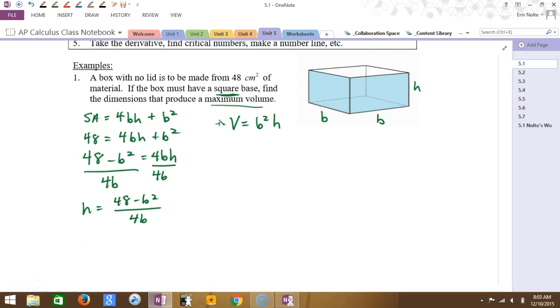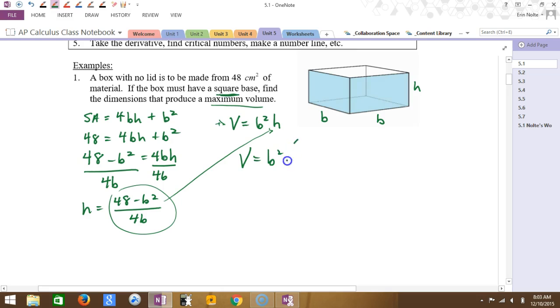I'll just leave it as is and plug this straight in and simplify the volume one. So I'm going to do a substitution method here and substitute that into the h. So I have b squared times 48 minus b squared over 4b.